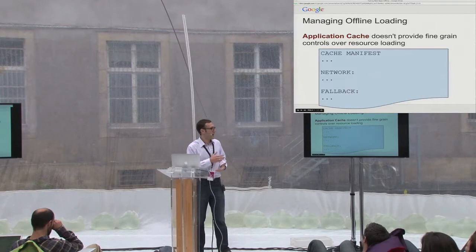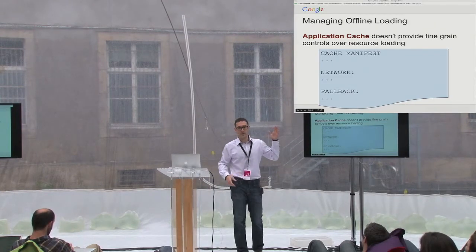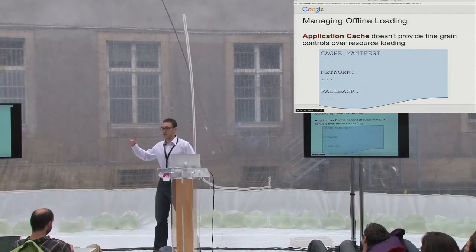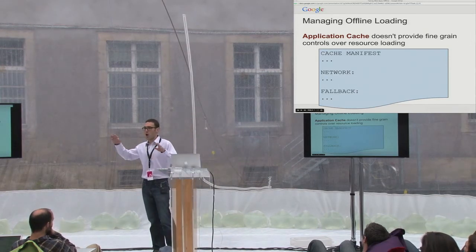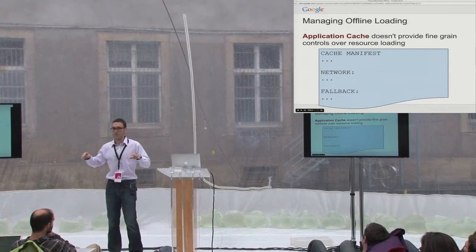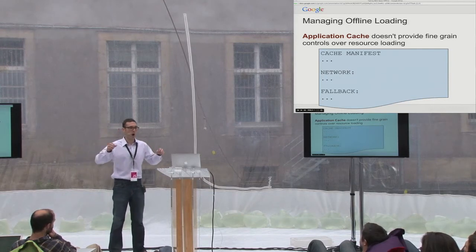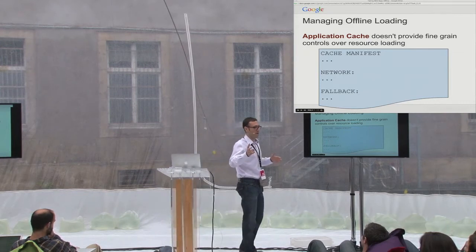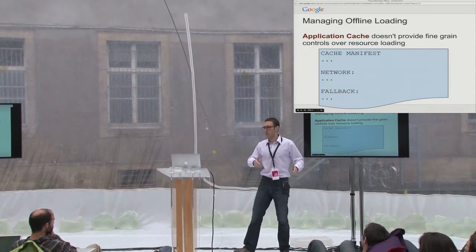It's just a blob that looks like this. It has an explicit section, network section, and fallback section. Explicit section says, if I hit this URL, always use what I have available locally. Network says, if I hit this URL, always go to the network. And the fallback says, if I don't have a connection available, then fall back to this.